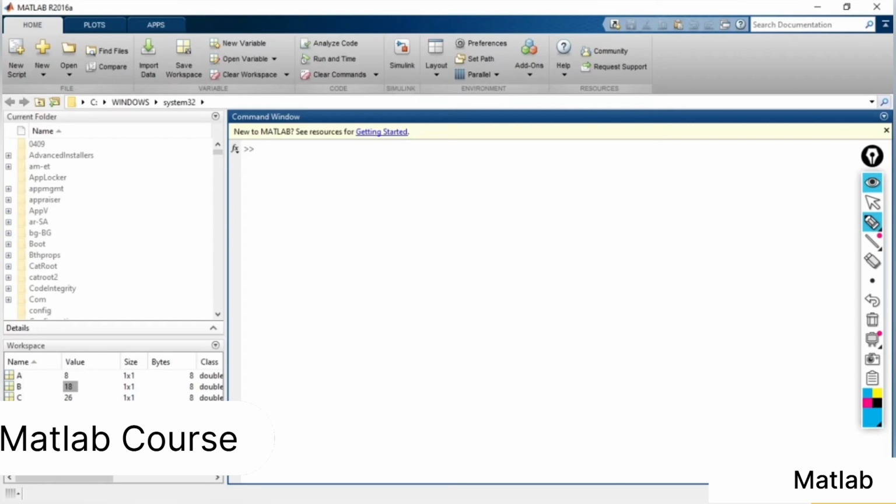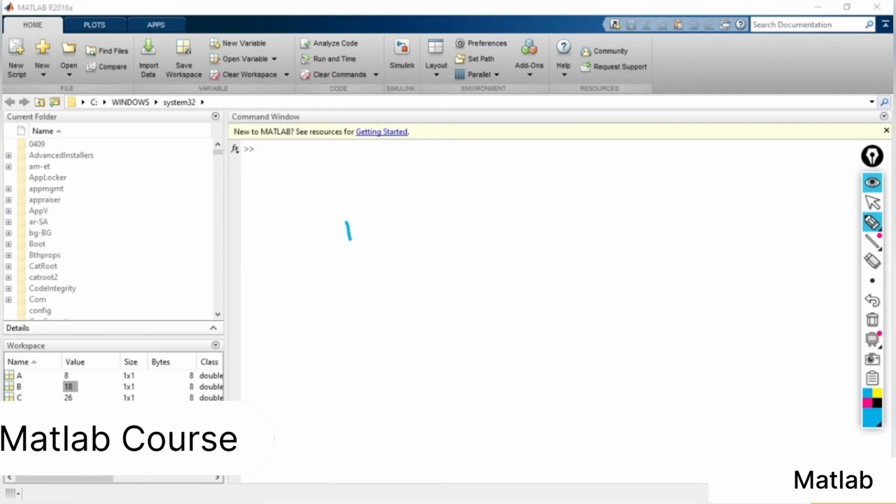Okay, so now we are going to implement some complex formulas or equations, a step ahead of simple mathematical operations. Let me show you, if I want to implement this equation, h is equal to 4 square minus 1 divided by under root 5.